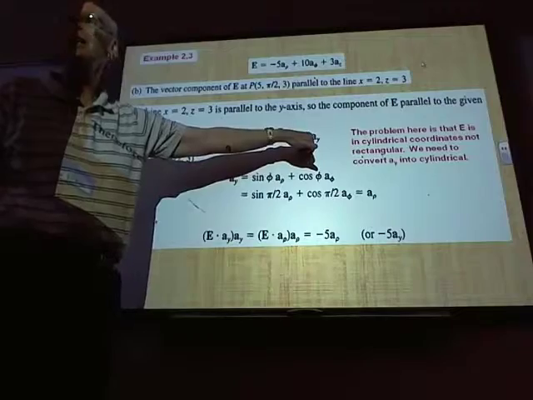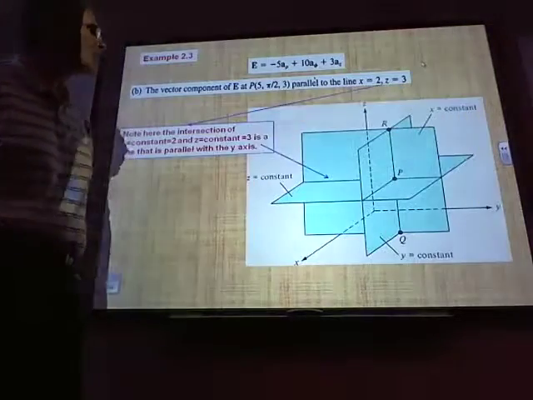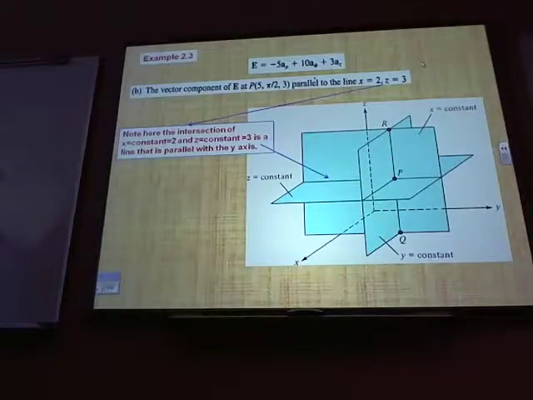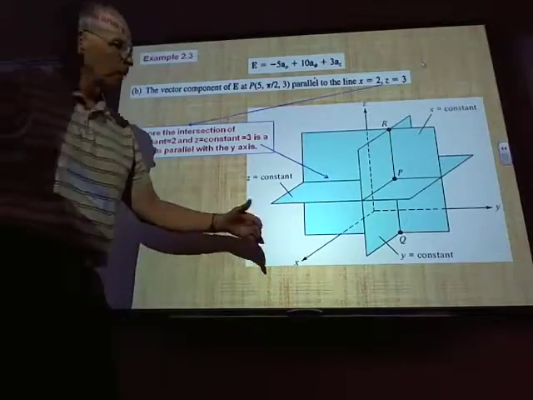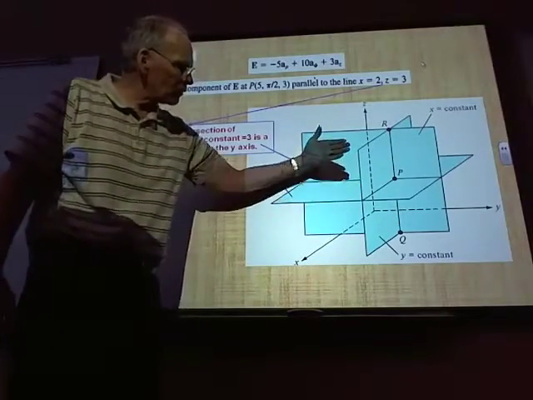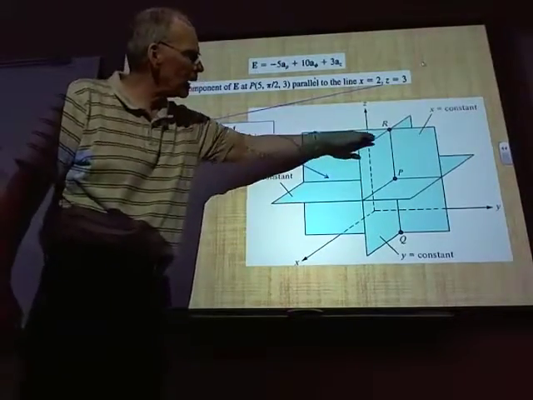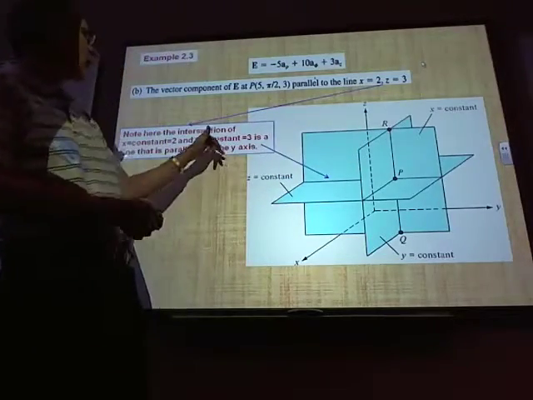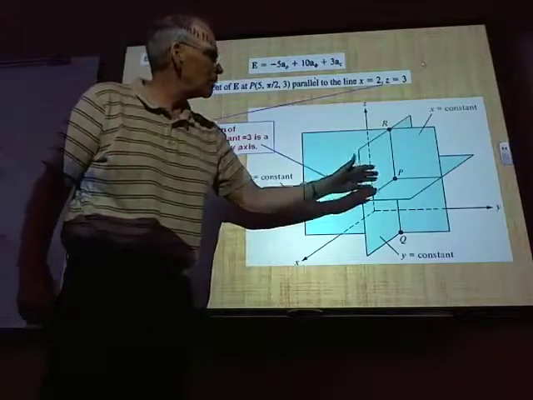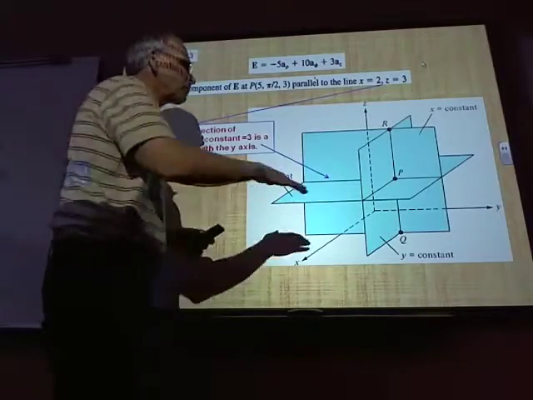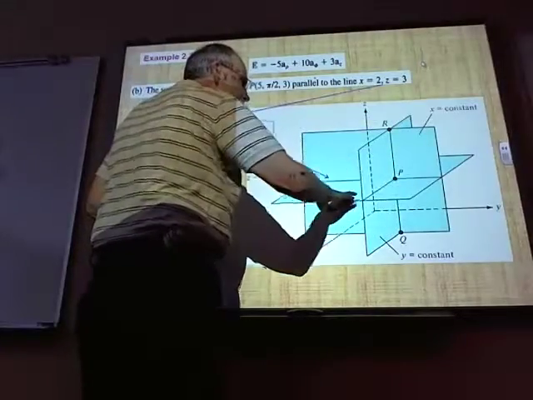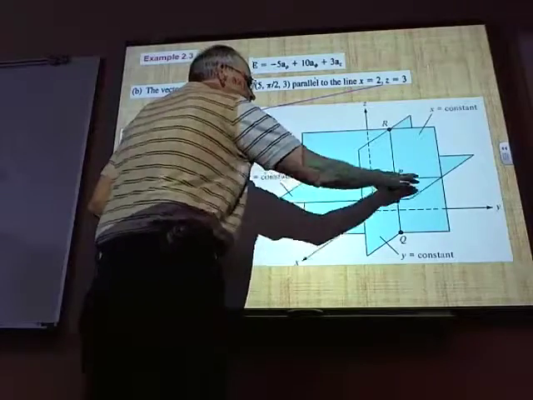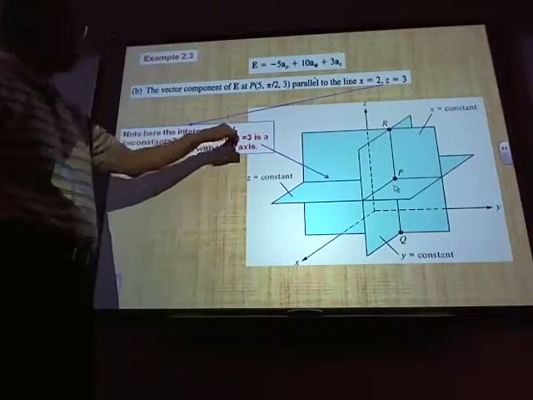Did y'all see how I got that? I'm sure you did, but it didn't register. Okay. If we've got an x plane, here's my x plane right here, this back plane, and it's out at a value of 2. Then my z plane is right here, and that z plane has a value of 3.